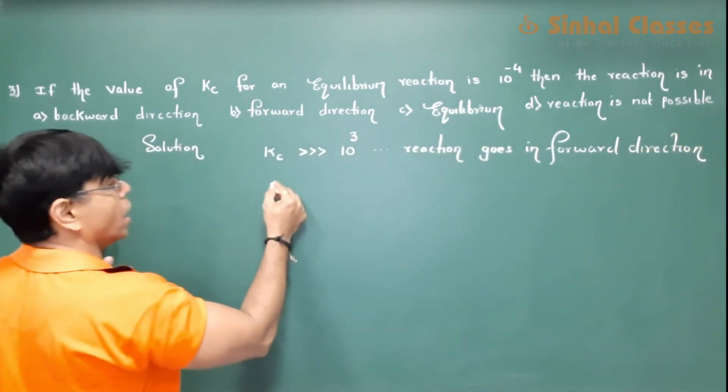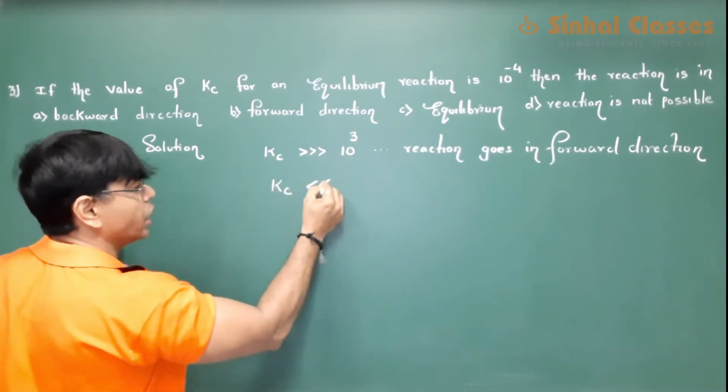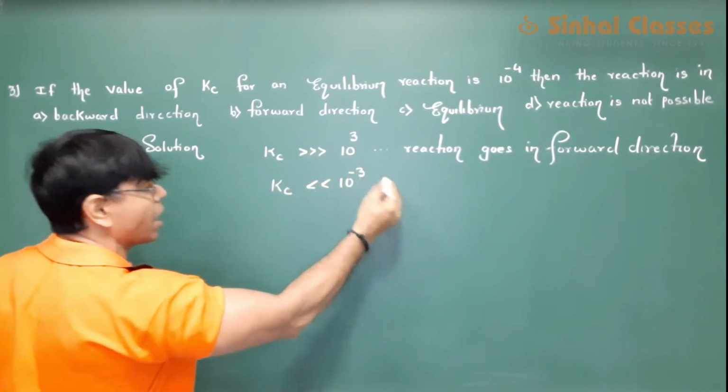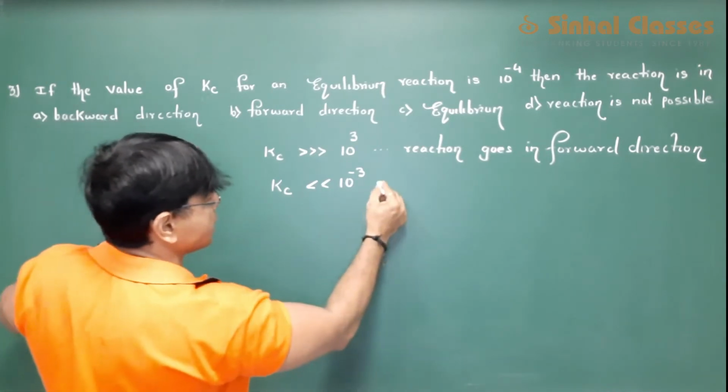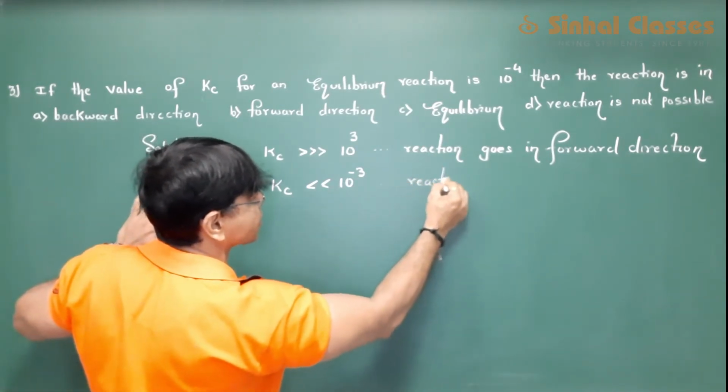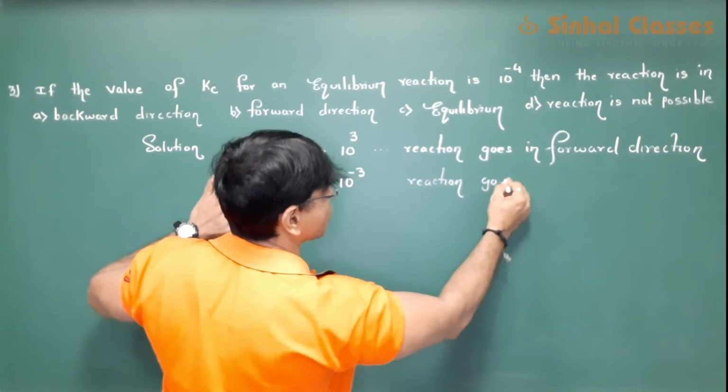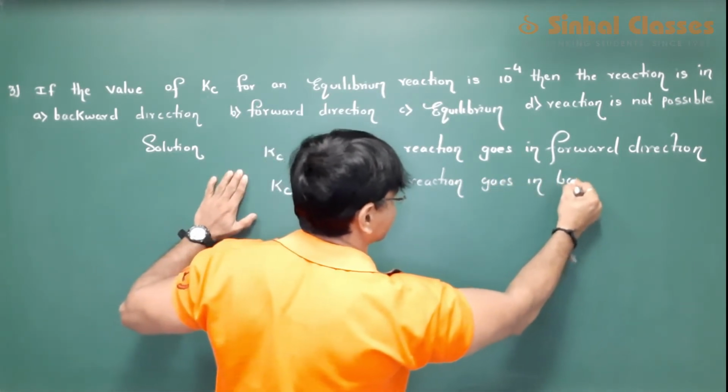But if the Kc value is less than 10 raised to minus 3, then the reaction goes in backward direction.